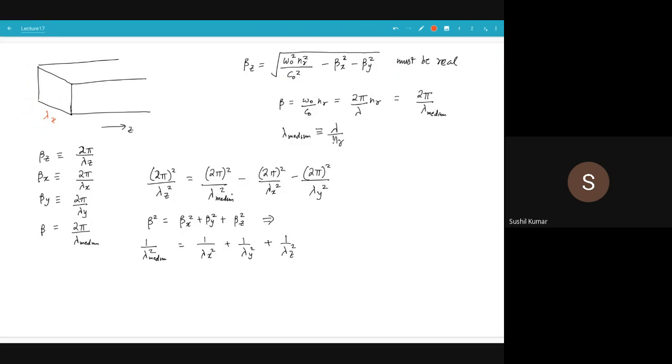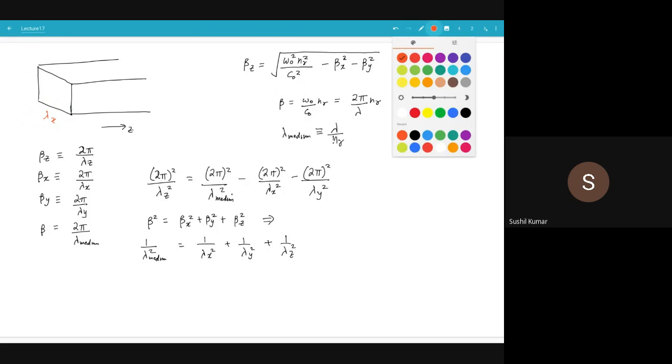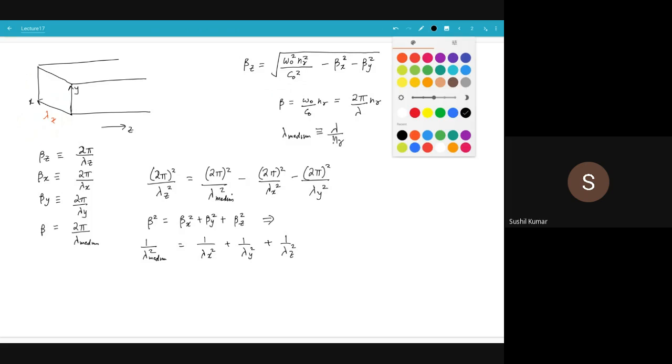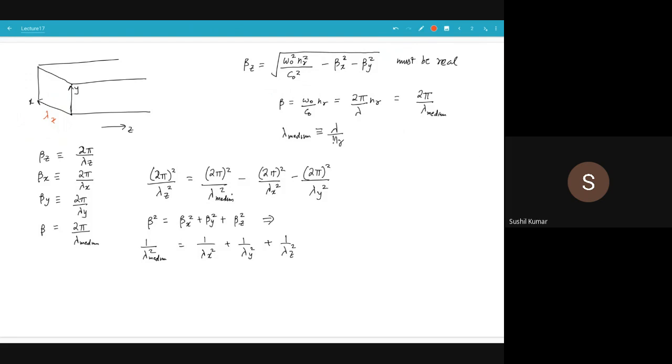If this was the x direction, this was y. I will just draw a wave like this, and this tells us about lambda x. This tells us about lambda y. And then there is a wave which goes along as lambda z.